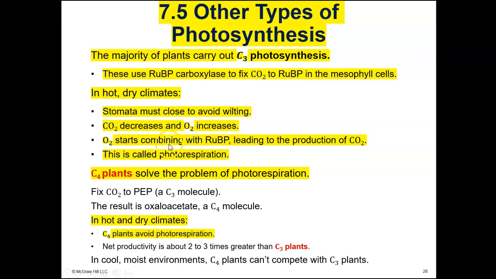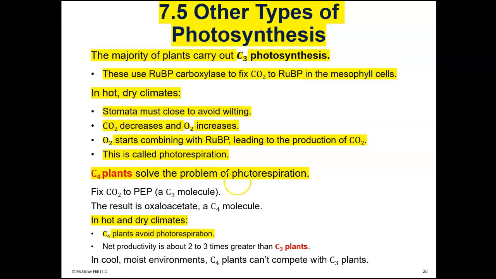It's a wasteful reaction called photorespiration. It literally doesn't lead to the production of any food for the plant. It does not lead to the production of G3P. It's a wasteful reaction.